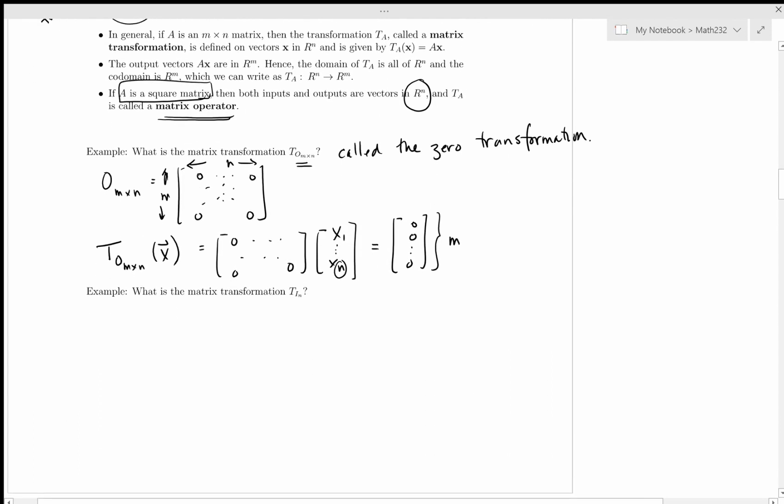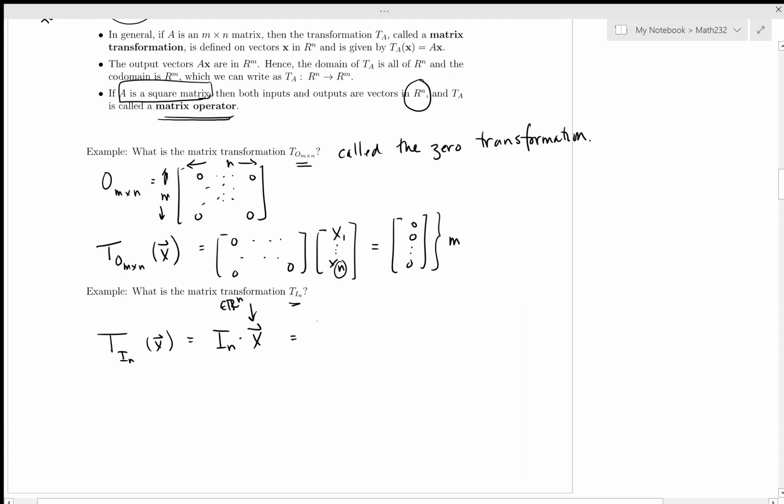Okay, so then we have a similarly straightforward transformation, which we have labeled here T sub I n. That is for the n by n identity matrix. So T sub I n of x is going to be I n multiplied by x, and this will be in Rn, because this is an n by n identity matrix.